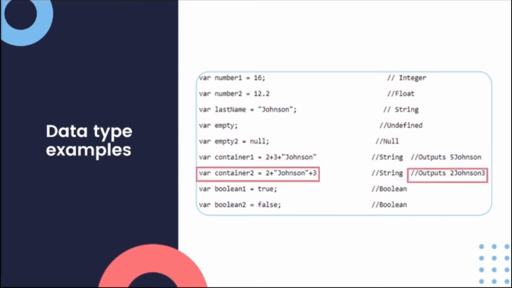Now here we have 2 plus Johnson plus 3, and in this case it's treated as a string with no sort of computation whatsoever. Okay, so depending on how you are adding your operators, such as your addition or your multiplication and so on, it's going to determine what your string is going to look like in the output. And then we have two Boolean values, which are just set to true or false.